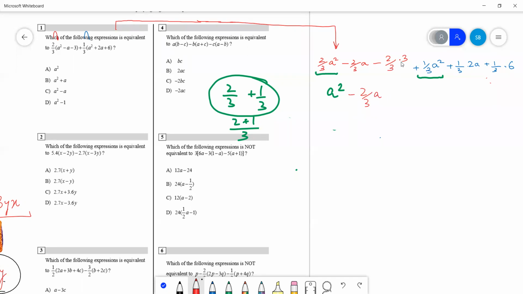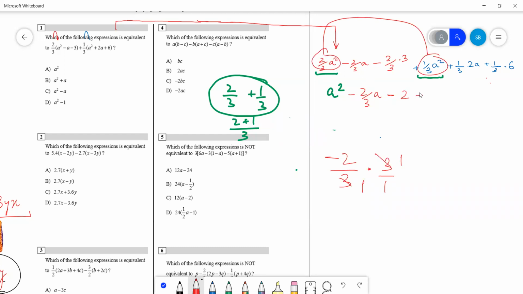And then how much will it be? Negative 2/3 times 3? It will be negative 2, yes, because negative 2/3 times 3 means negative 2/3 times 3/1, so 3 times 1, it'll be negative 2/1, that's negative 2.